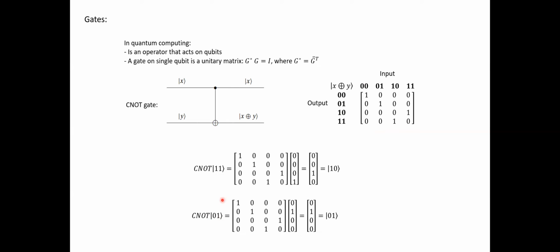So I'm not sure if everyone got the idea why we are still keeping X and performing the operation.